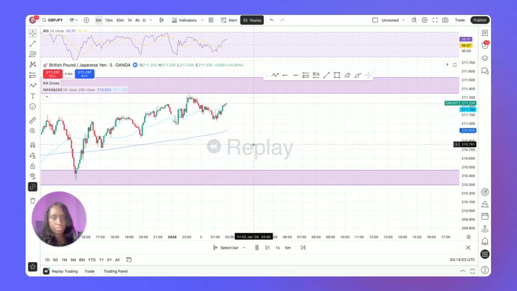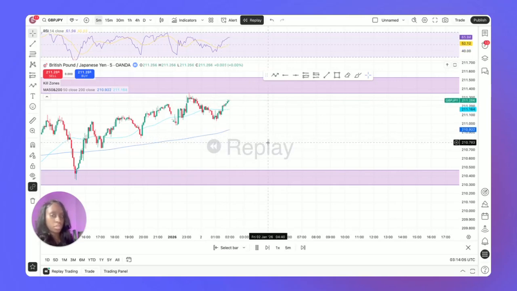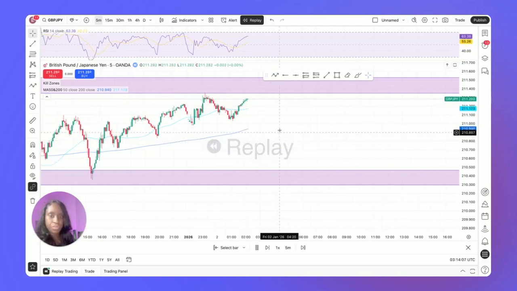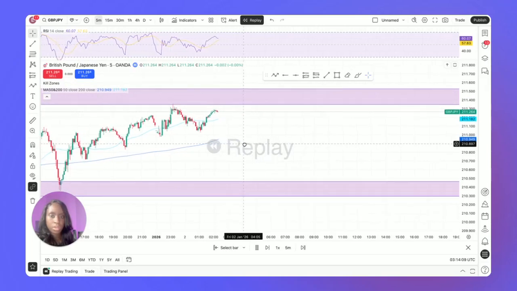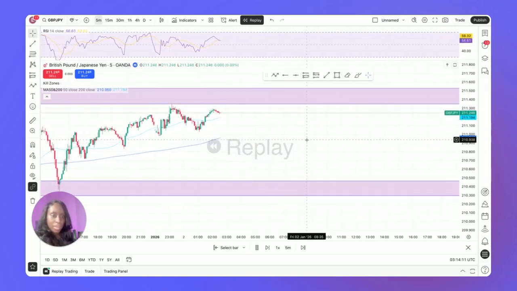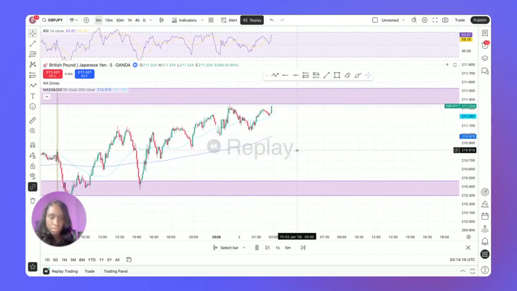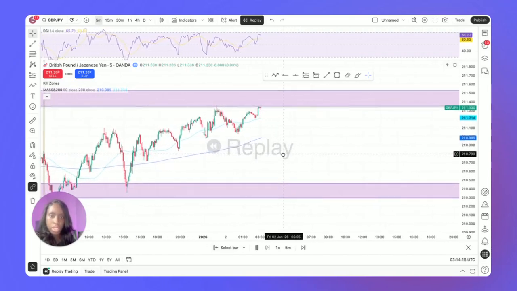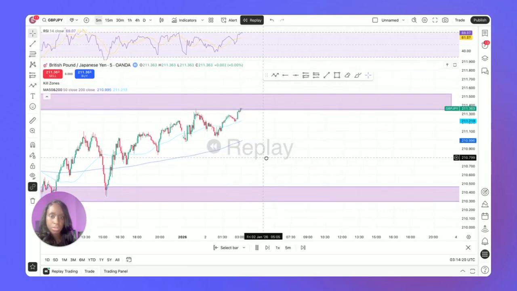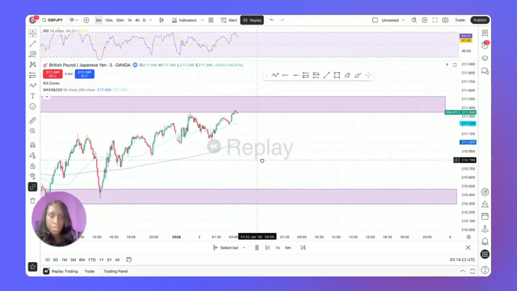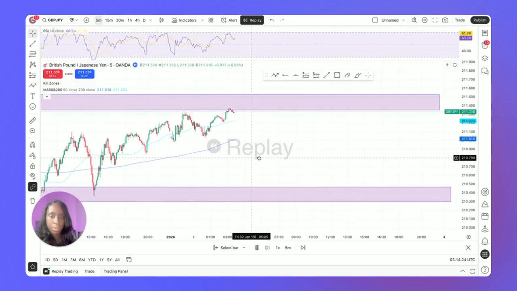It has to be high. If not, there's no point. Okay, again, it tapped my supply zone. It's breaking above it a little bit and came back down.